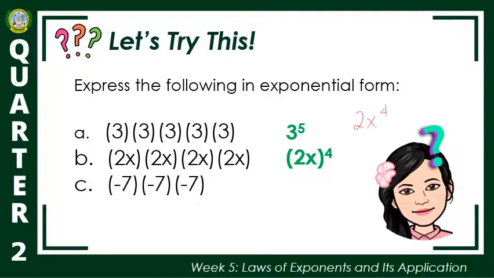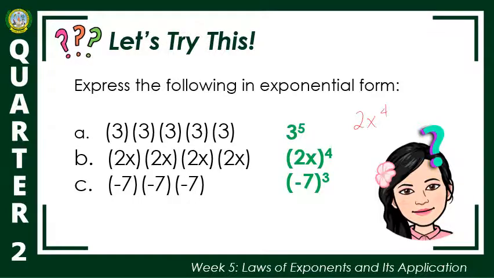Next. What is negative 7 times negative 7 times negative 7 in exponential form? So, negative 7 po ang nire-raise natin to a certain power and that is 1, 2, 3. So, to the power of 3. So, paano po natin siya isusulat? Ayan. So, quantity negative 7 raised to 3.